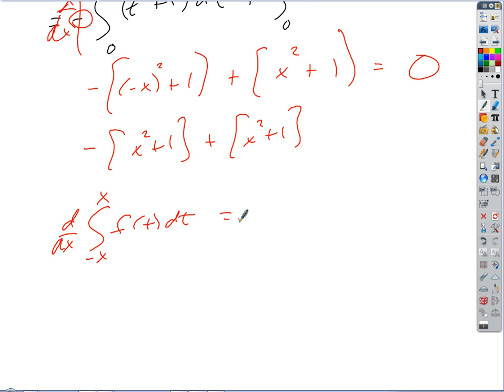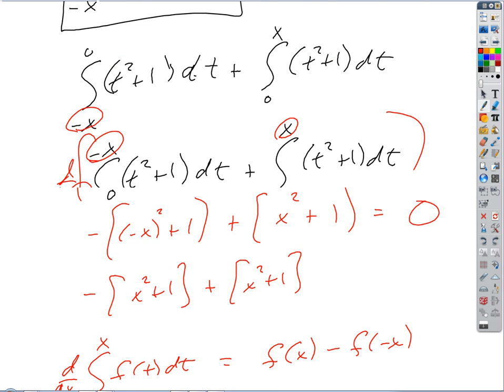That's just going to equal f of x minus f of negative x. If it was negative 4 and 4, would it still be 0 too? Well, for that particular function, it would. Yeah.